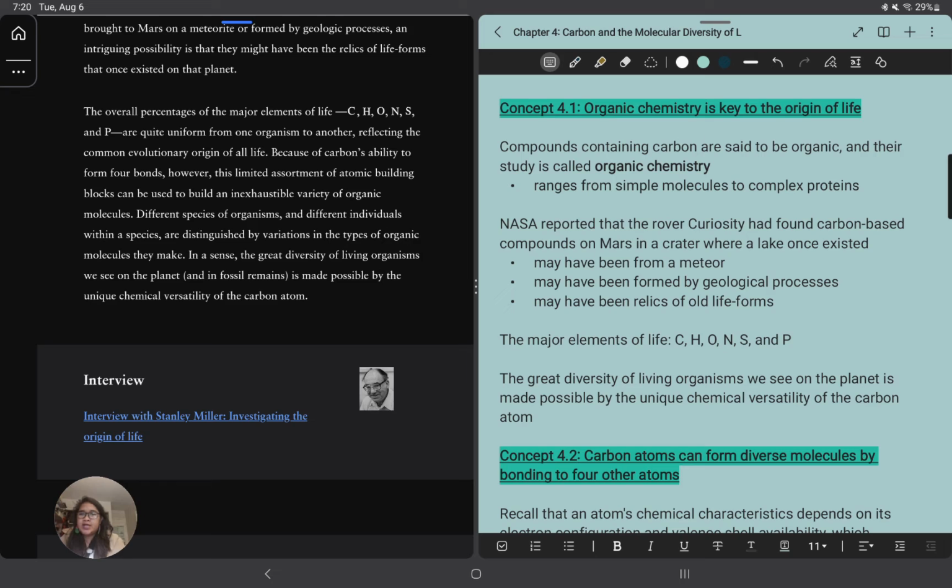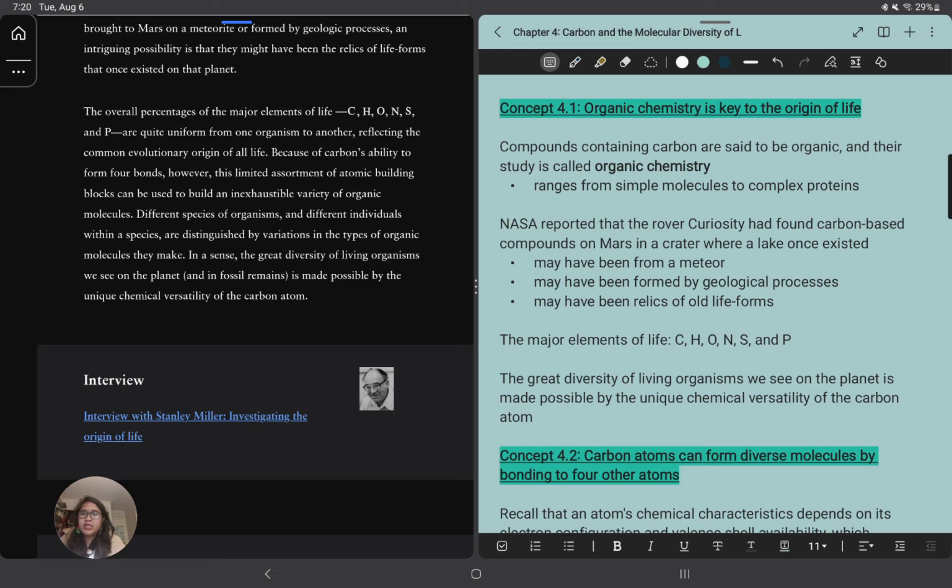The overall percentages of the major elements of life, carbon, hydrogen, oxygen, nitrogen, sulfur, and phosphorus, are quite uniform from one organism to another, reflecting the common evolutionary origin of all life.